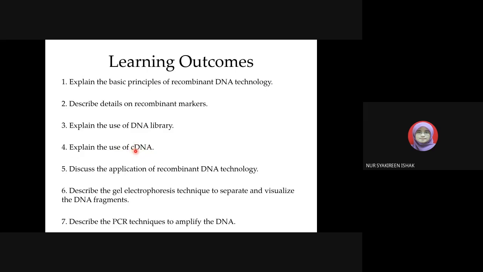cDNA, the C stands for complementary DNA. Complementary DNA is the DNA that is produced using mRNA as template. We learned that mRNA, for eukaryotes, only contains the coding sequence.